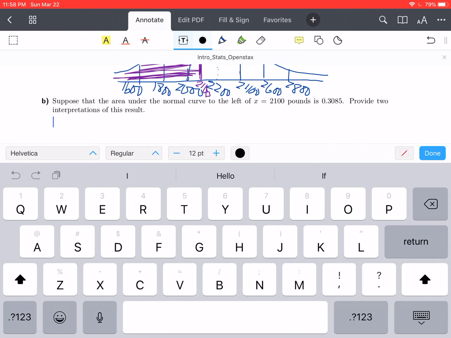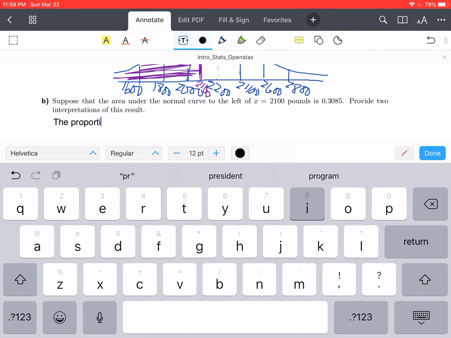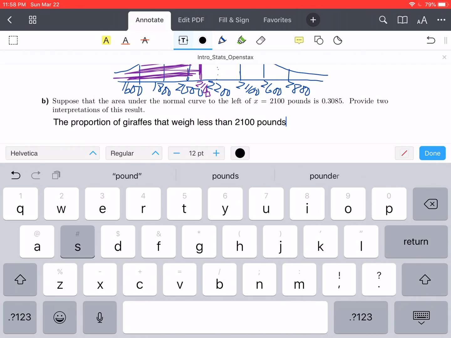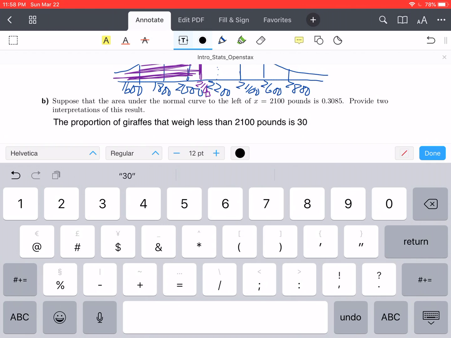So we can say the proportion of giraffes that weigh, now notice we're using all the values less than, to the left of 2,100, the proportion of giraffes that weigh less than 2,100 pounds is 30.85%.